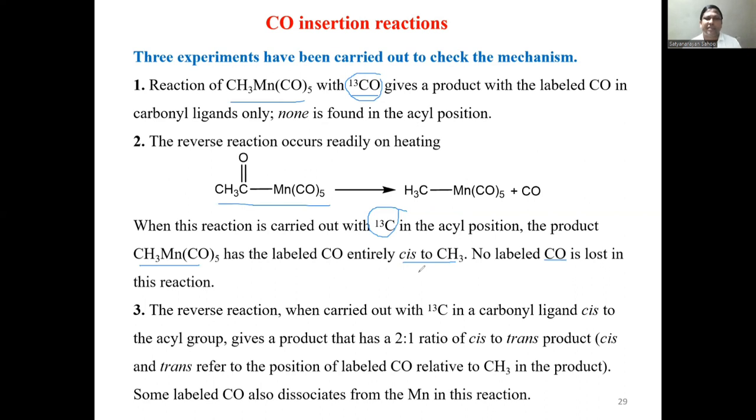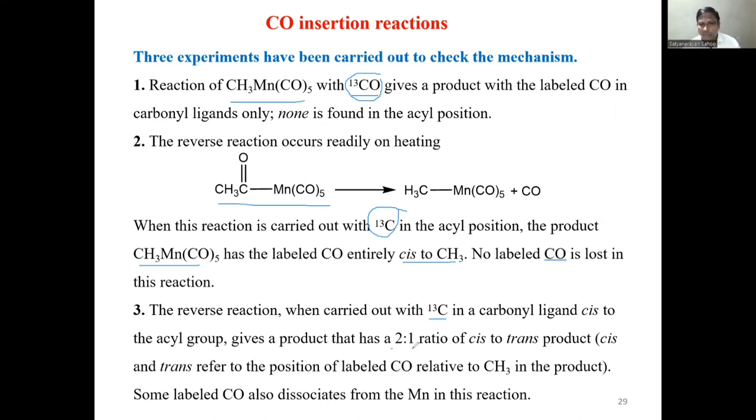You'll clearly understand when you go to the mechanism. The third experiment is the reverse reaction carried out with a labeled CO in the carbonyl. The second one is in SL, the third one in carbonyl. That means in any of these five carbonyls, but it should be cis to the SL group, so that means four, not five.